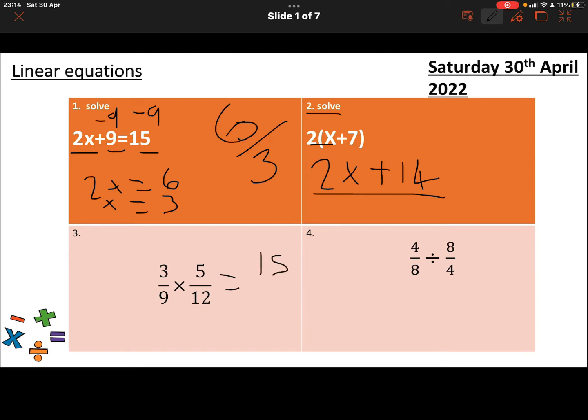Now, 9 times 12 may be a bit difficult, but if you have a calculator, I'm sure you'll be able to use that, or if you have to work it out in your head, then sure. That's 15 over 108. It's not asked us to simplify it in the question. It's just asking us to work that out, so your answer will just be 15 over 108.